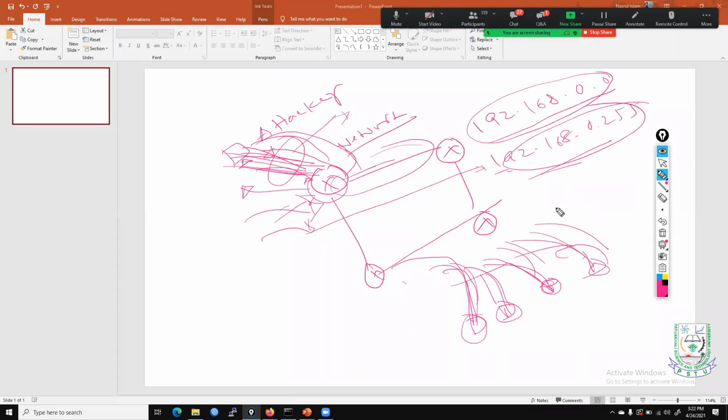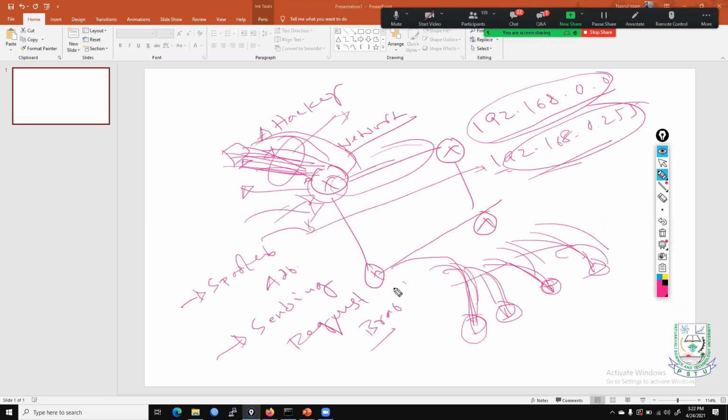So there's actually the second stage. First, he spoofs your address and sends the request to the broadcast address, right?